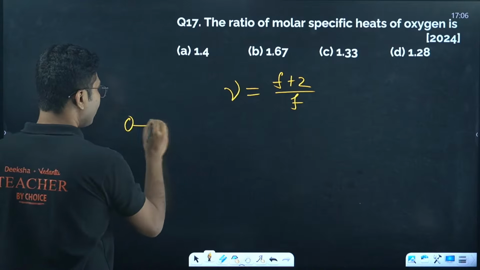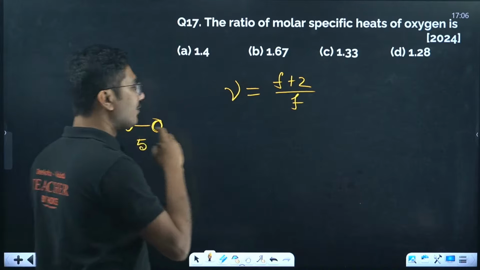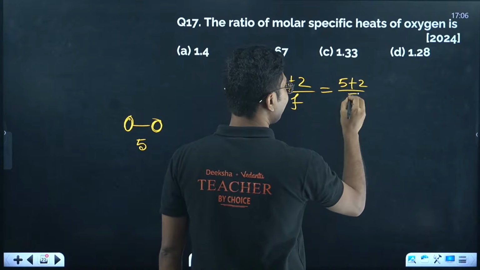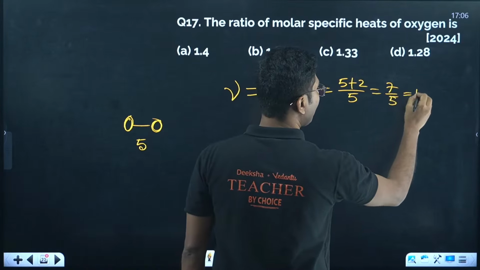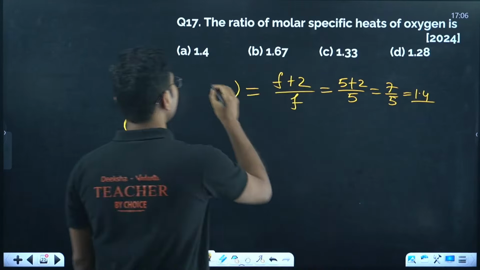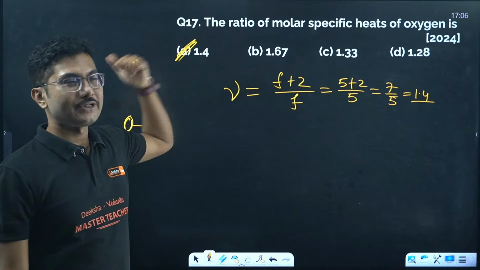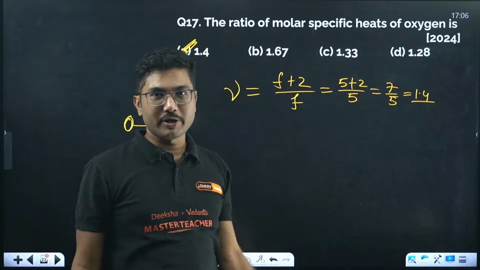We have 2 atoms, like this, so the degree of freedom is 5. So it will be (5 plus 2) by 5, that is 7 by 5, that is 1.4. So this will be 1.4. Now you can remember, for monoatomic gas it is 1.67, for diatomic 1.4, for polyatomic 1.33.